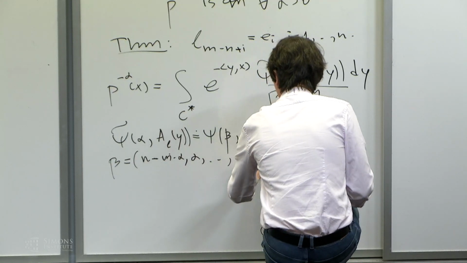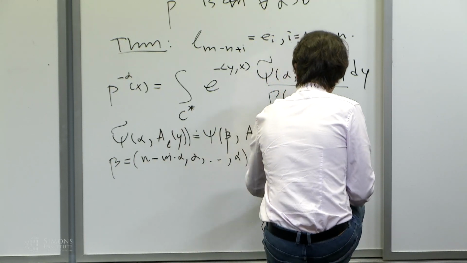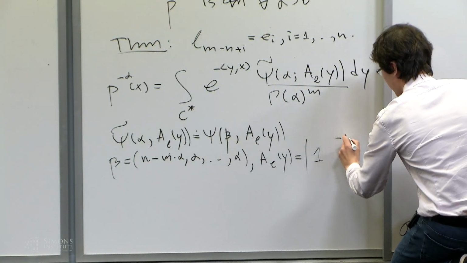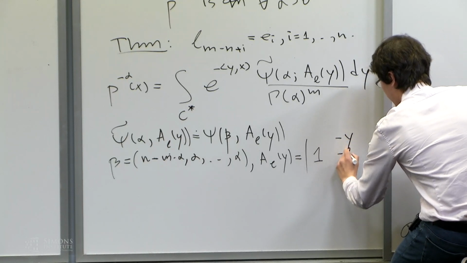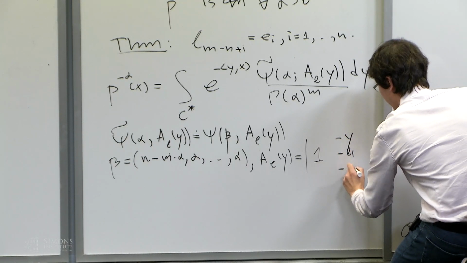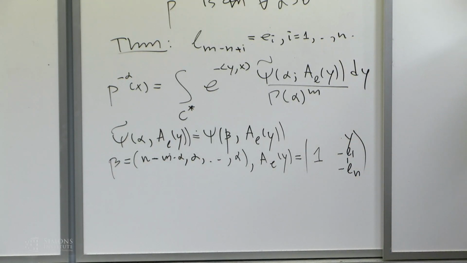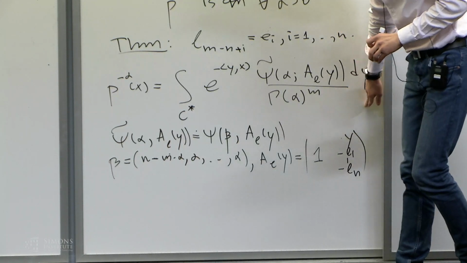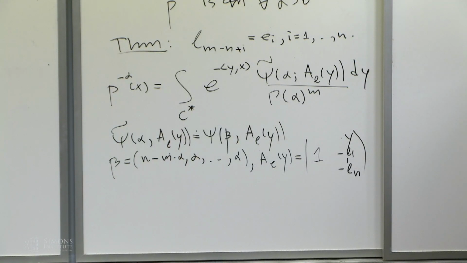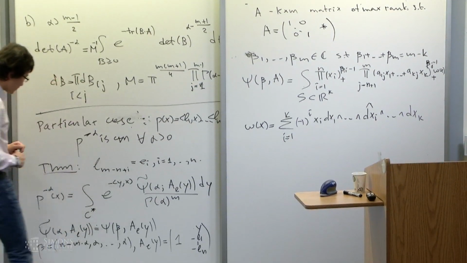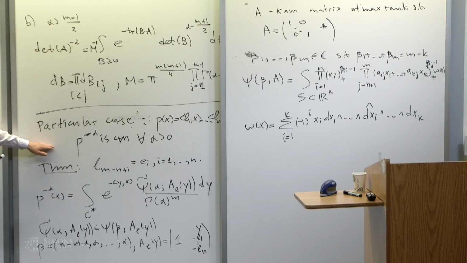And A alpha of y is a matrix that has the first minor fixed, and here it has minus y, minus L1, minus Ln. Sorry, actually here I don't have minus. So it's a matrix of this kind. It doesn't matter what size it has. And this is a formula for the Riesz kernel that is associated to the product of linear forms.